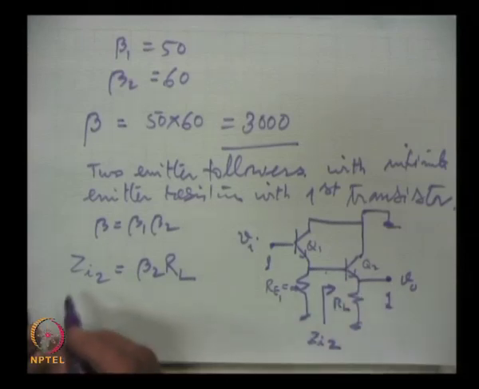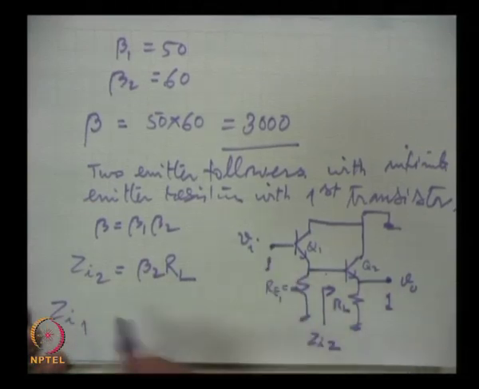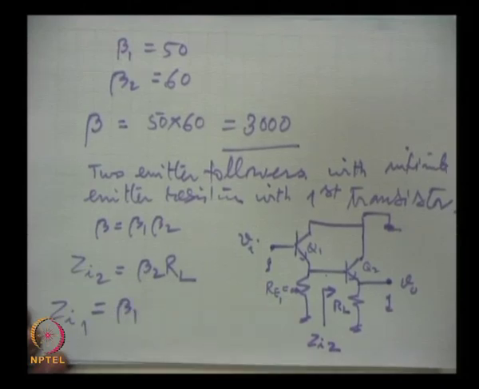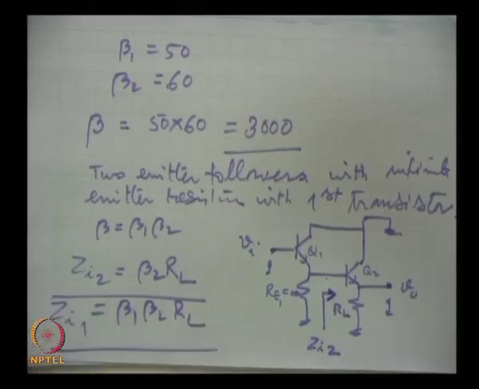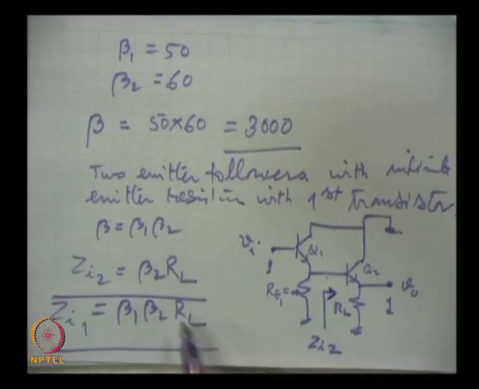So, the input impedance at the first stage here, this is equal to the beta times the input impedance seen here, which is beta 2 RL, very high input impedance, beta 1 into beta 2 into RL.